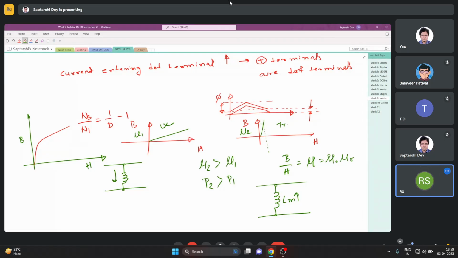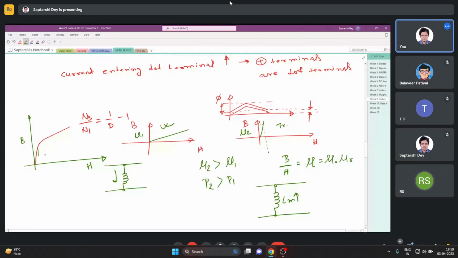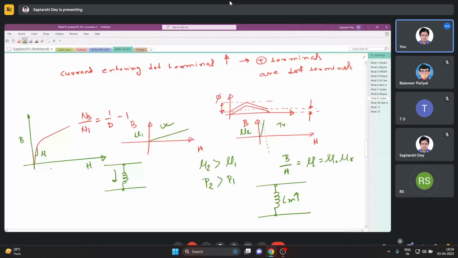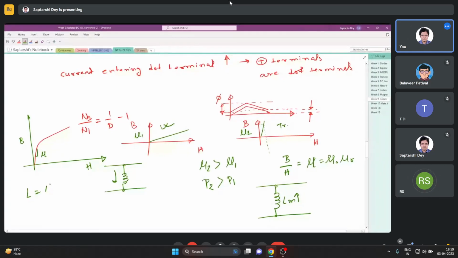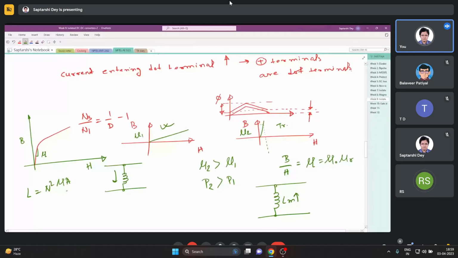I think these conclusions depend on in what way you are saying. If you have a BH curve like this and the slope everywhere is mu, your inductance L is n squared mu A by l.